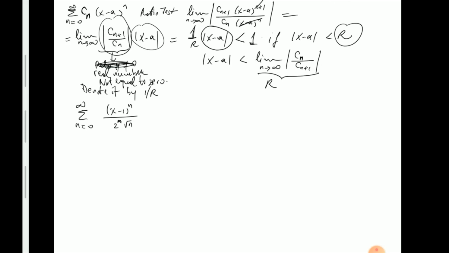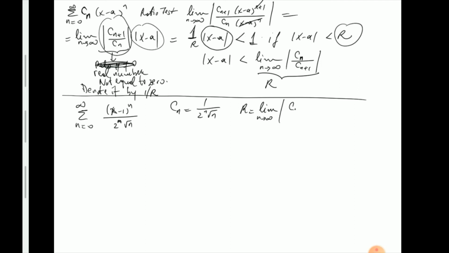We know from what we did last time that the radius of convergence was 2. So you could apply what I just wrote here by simply saying the coefficient for this power series is 1 over 2 to the n square root of n. The radius of convergence is the limit of the absolute value of Cn over Cn plus 1.